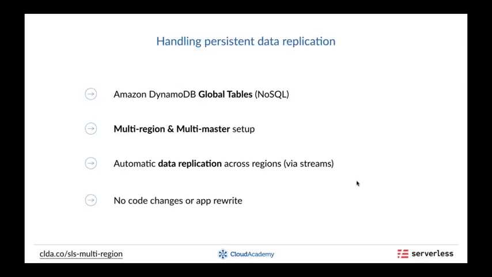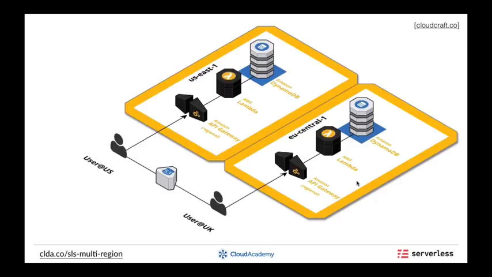So let me show you how the architecture changes when you add one more region. This is how you would do it on AWS. For example, I already had my US East 1 region, which is in North Virginia, and I have added EU Central 1, which is Frankfurt, Germany.